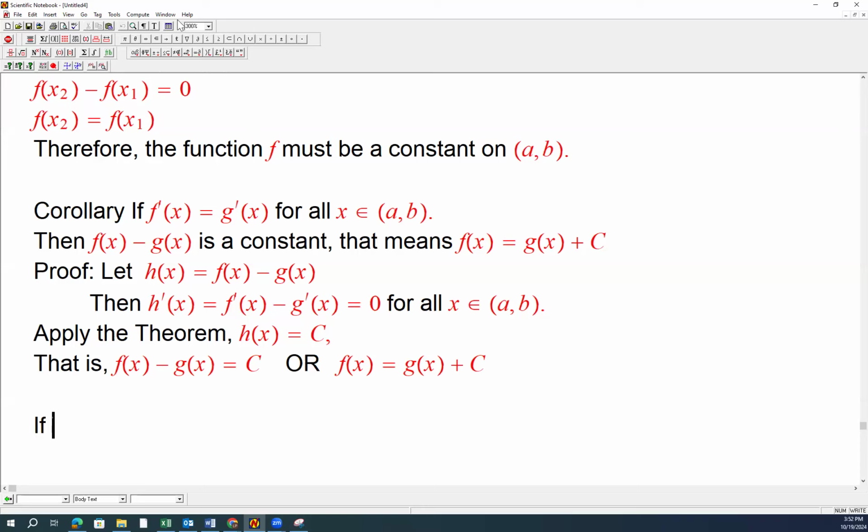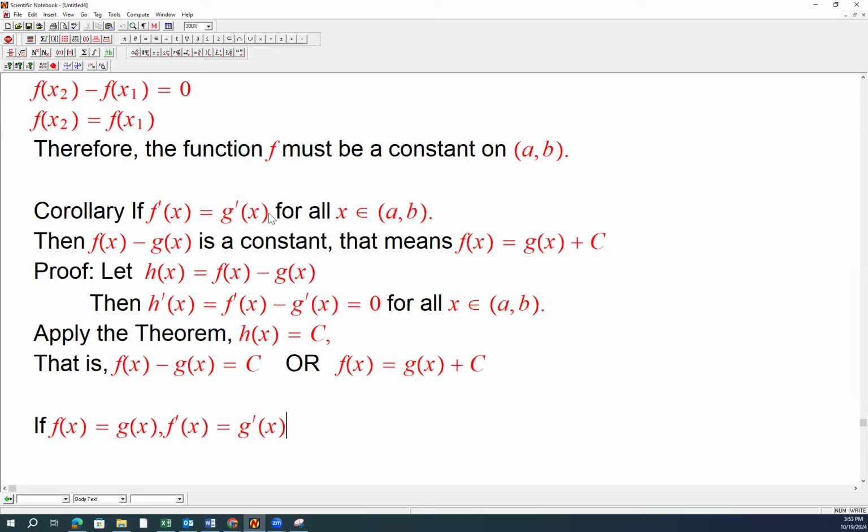If two functions are the same, if f of x is equal to g of x, then their derivatives are the same. That's easy. We just take a derivative on both sides. We've used that many times over, in implicit differentiation and many other cases.